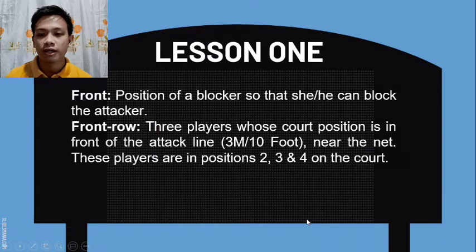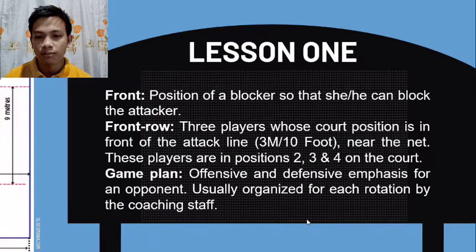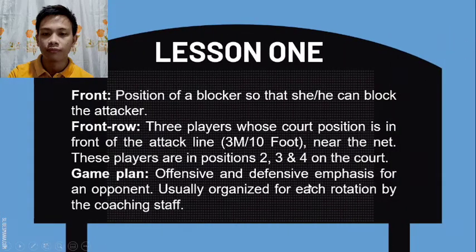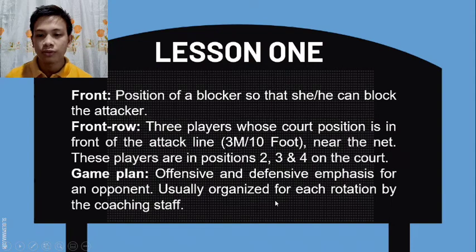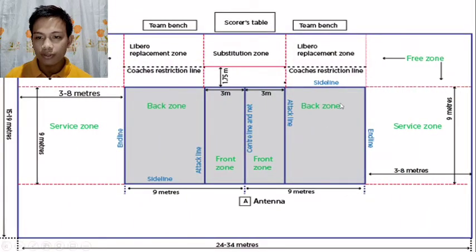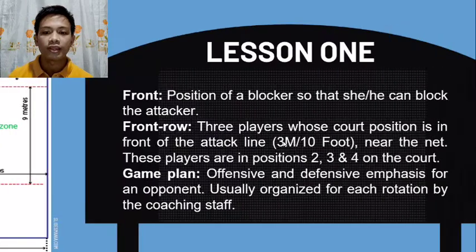So may sample tayo ng numbering. Doon tayo sa court. The numbering here, normally dito yung 1, 2, 3, 4, 5, 6. So, ito yung mga nasa front. 2, 3, 4. So, yan ang example.